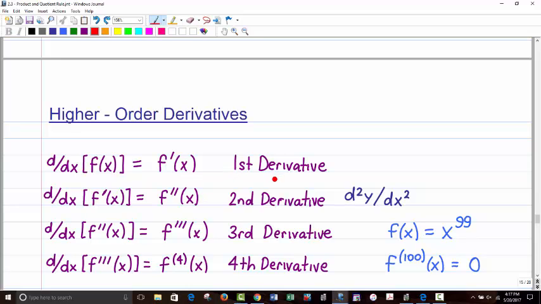Because of this idea of multiple derivatives, and how we'll use this, obviously if we say we're going to find the derivative, that implies this is called the first derivative. But there are other applications, especially in chapter 3 with the graphing and stuff, where we'll be using both the first and second derivatives, so we will need to specify first derivative, second derivative. Up until now, it was just called the derivative.